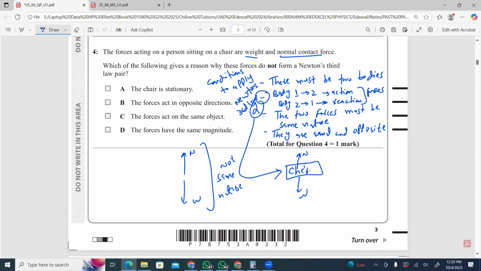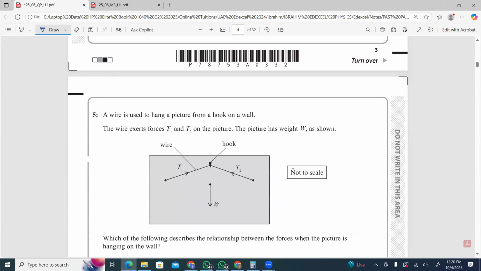In the second condition, I mentioned that the first body must be applying force on the second body, and the second body must be applying force on the first body. But here, the normal is also acting on the chair, and the weight is also acting downward on the chair. So, therefore, they are acting on the same object. Therefore, it cannot be true. So, they have mentioned not. Therefore, this is the option.